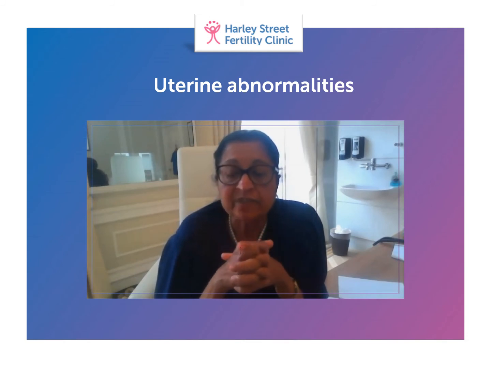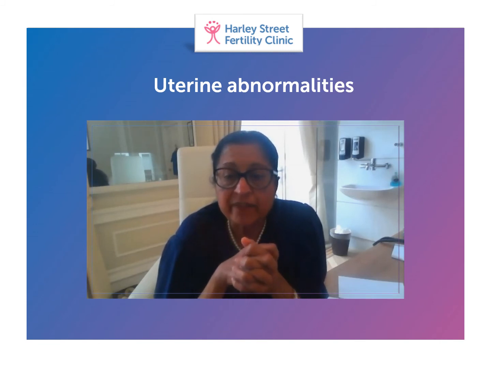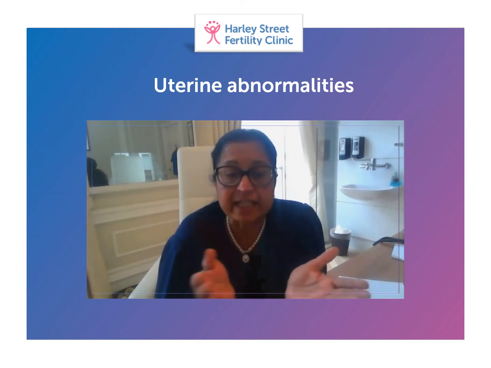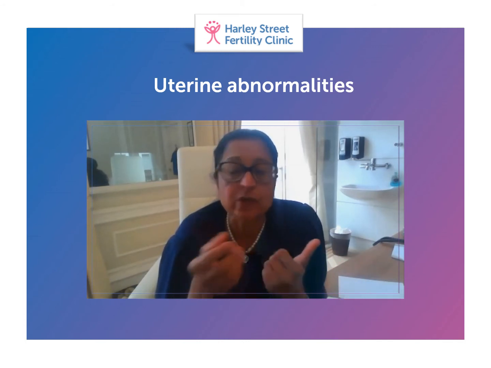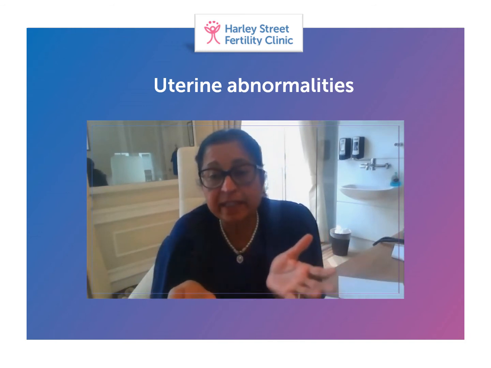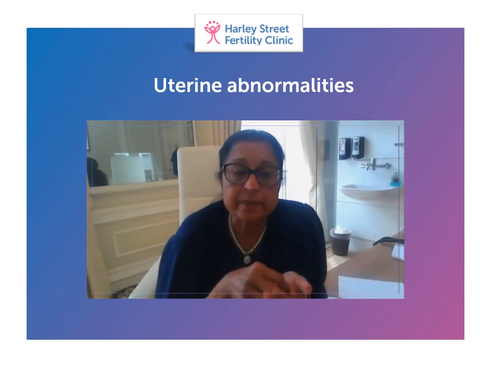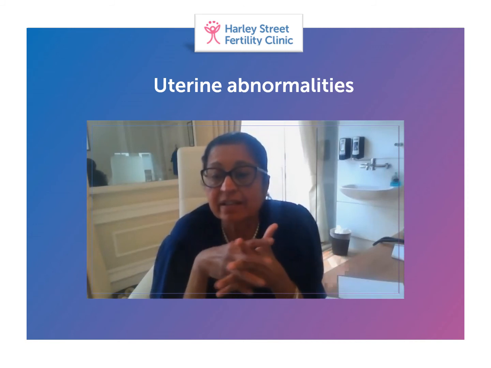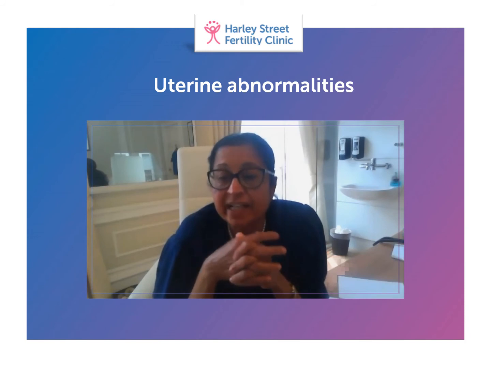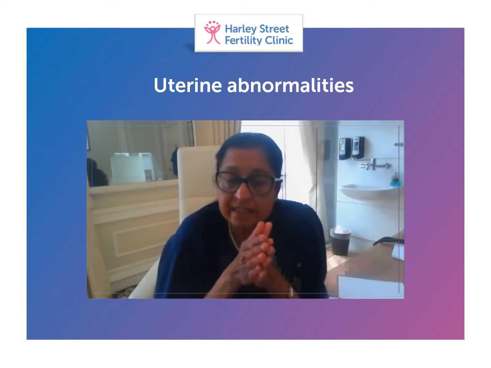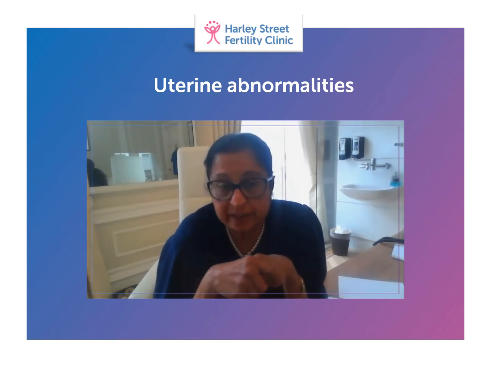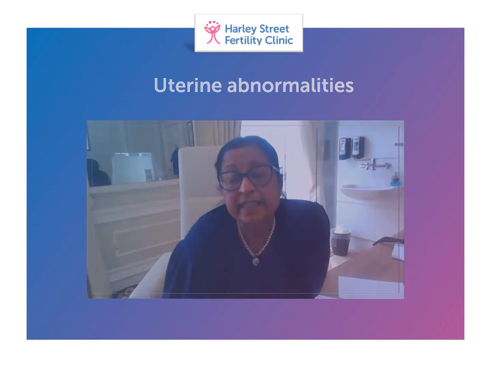That is why after repeated miscarriages, we recommend hysteroscopy, having a look inside the uterine cavity with the camera to see if there is any polyp, scar tissue, or any fibroid or abnormalities of the uterus, such as septum or bicornuate uterus. All these things can lead to a higher risk of miscarriage. And if we find something, we can treat it at the same time. So this is important to correct the uterine environment.